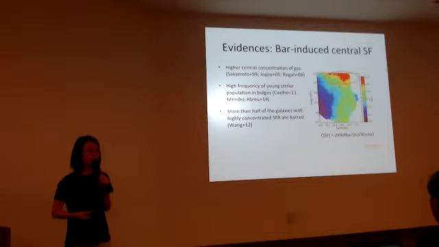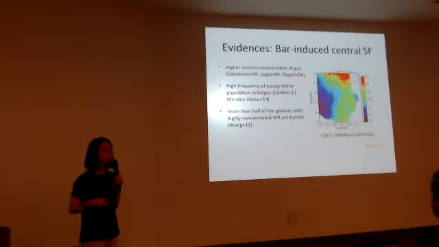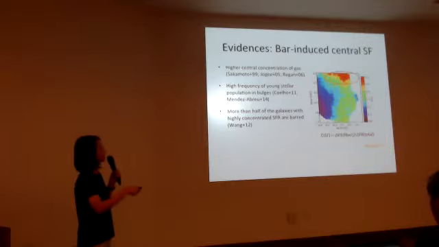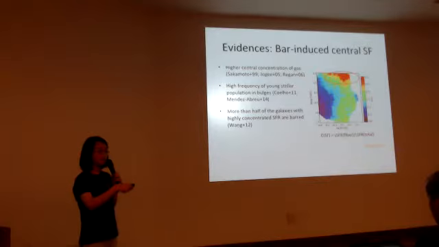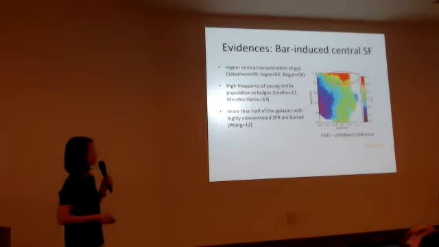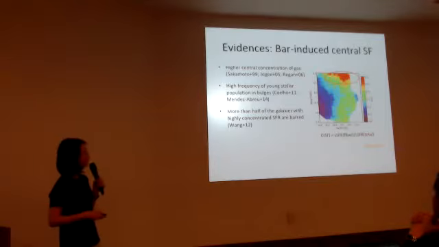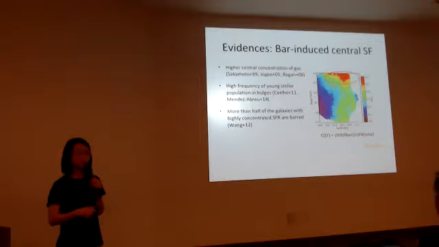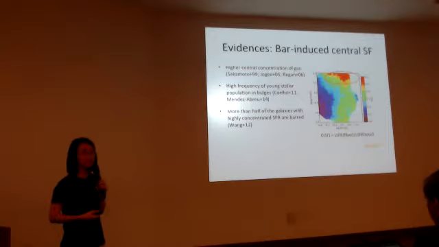On the other hand, if we try to find what kind of galaxies have higher central star formation enhancement, we can see a large fraction of galaxies showing central star formation enhancement are barred galaxies. I want to point out that the previous works are limited by spatial resolution.